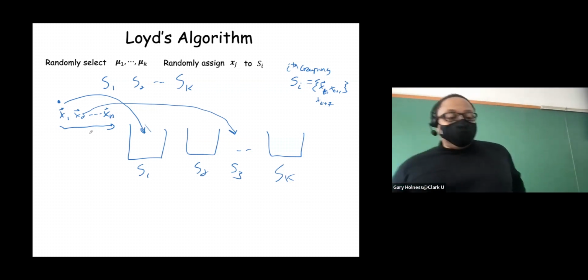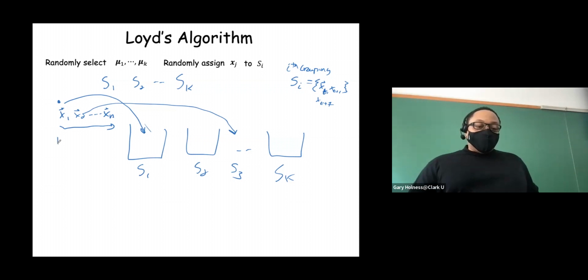So if we think about it, we have K choices to assign the first point, times K choices to assign the second point, up to and including K choices for the nth point. And so if we look at that, we have a total of K to the n power. That's all of the possible assignments you can have of points to clusters.